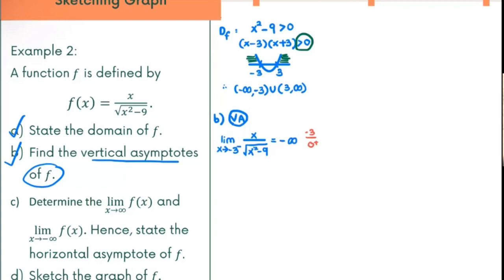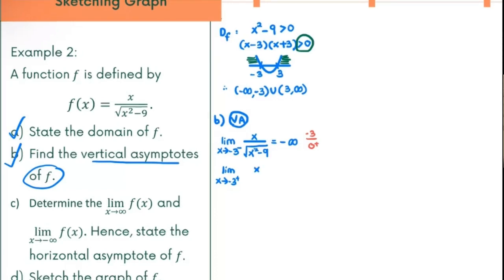Okay, now let's look at limit of x approaching negative 3 from the right. So here we have x over square root of x square minus 9 again. Okay, now untuk negative 3 positive, so the nearest number adalah negative 2.99.